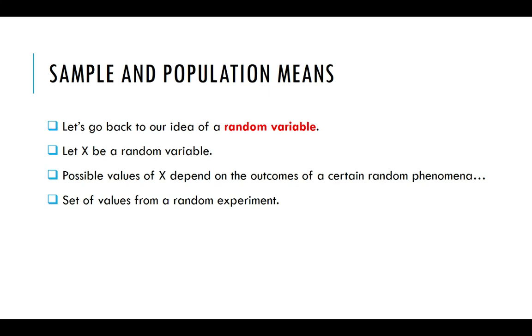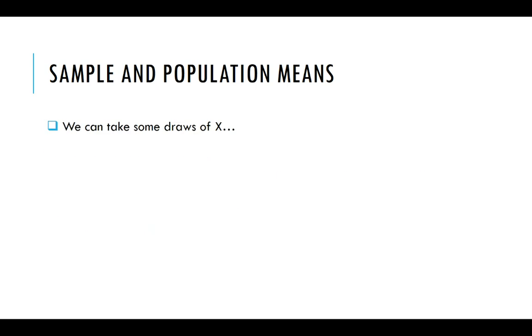We have been working with random variables. For example, we could talk about the result of drawing a card out of a deck. That is a random event, so we have a random variable. Now, we can take some draws of X. It would be like taking a deck of cards, drawing one card and putting it back, and taking another draw and putting it back.